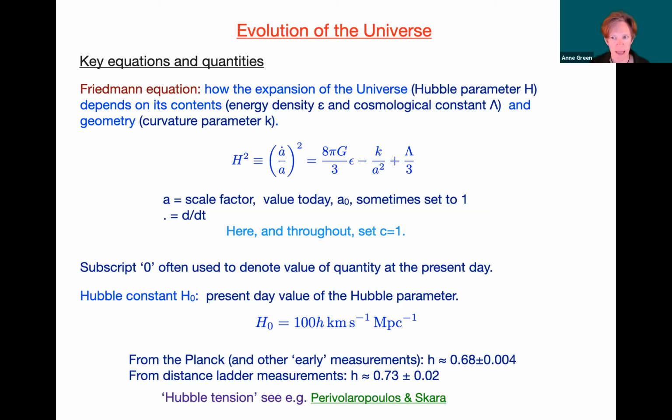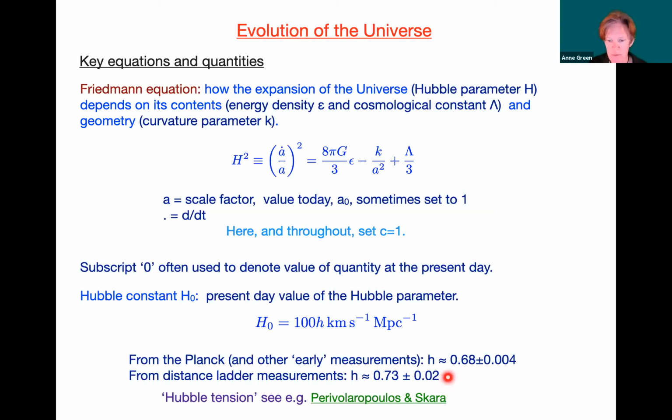For instance, from Planck, i.e. measurements of the cosmic microwave background and other things at relatively early times, h is of order 0.68 with a relatively small error. Whereas more astronomical local measurements, looking at the recession speeds of nearby objects and building a distance ladder to get out to slightly more distant things, give slightly larger values.